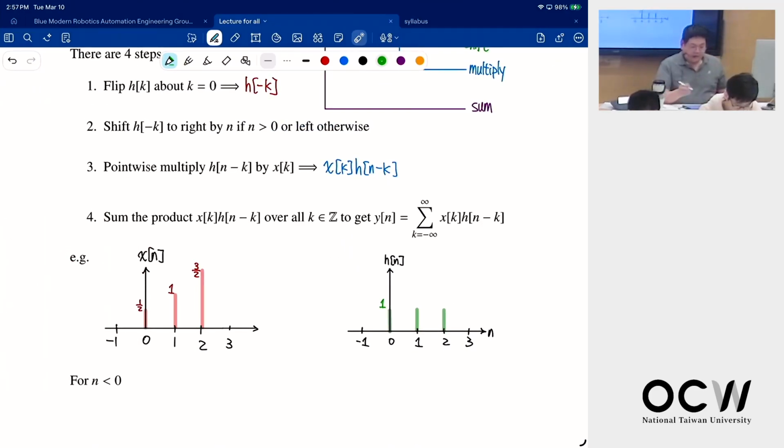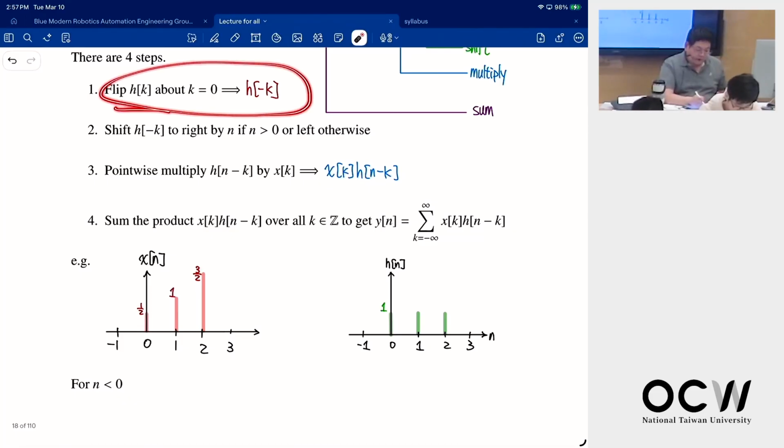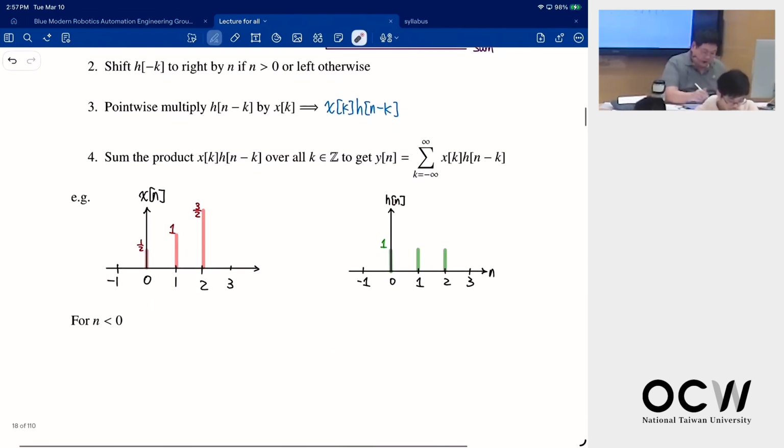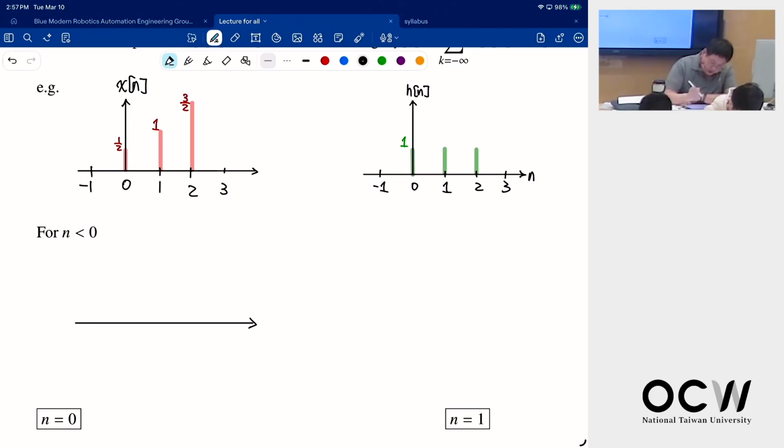Now first, for n less than 0, we need to flip. When we flip, I will get here. And when n is less than 0, that means I shift to the left. So I will get what? Oh, it should be n here. Now it is the k-axis, and this is h of n minus k, and n is less than 0.